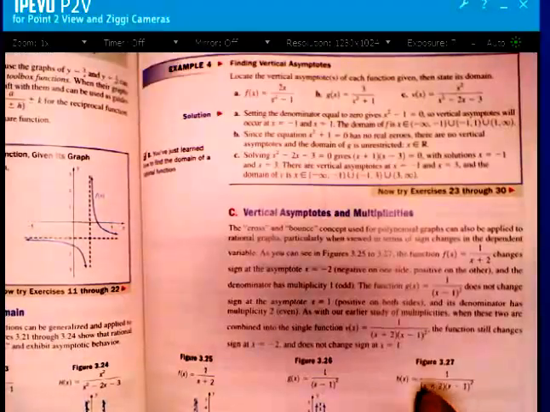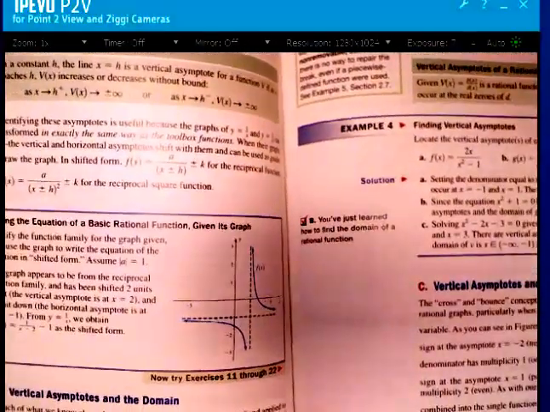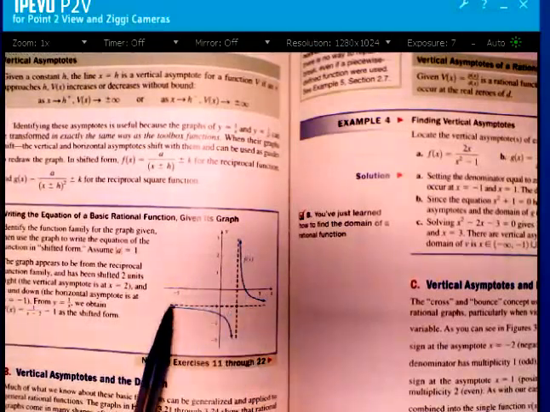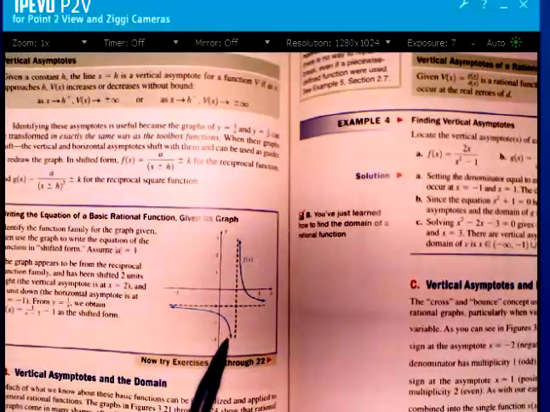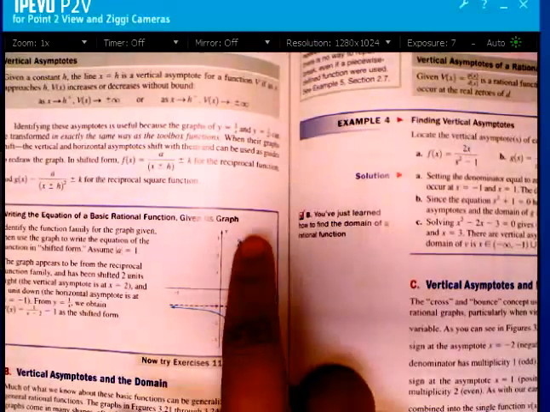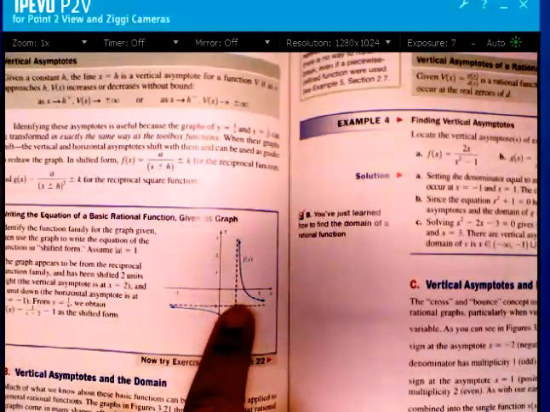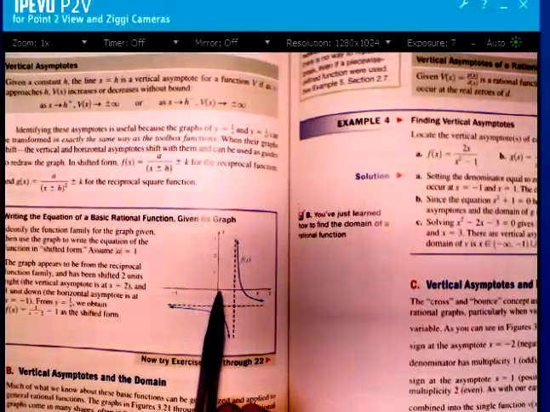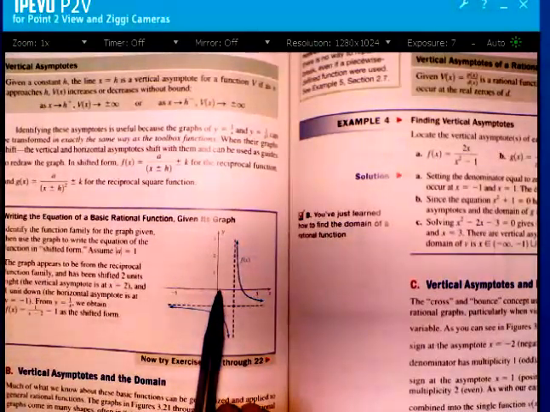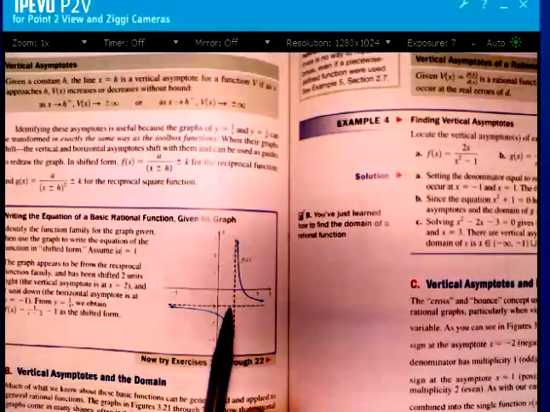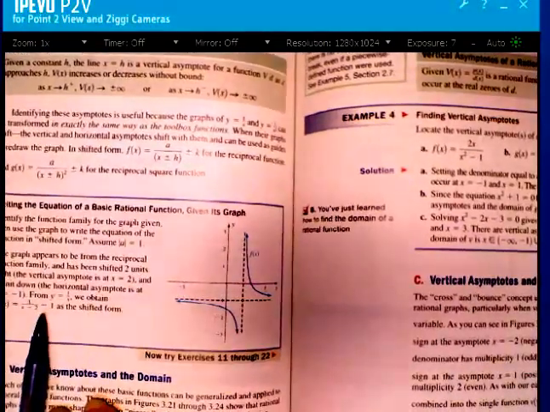I'm going to show you one more transformation. This function right here has the same form as 1 over x, and then it's shifted, and you can see these dashed lines help us show how it shifted from that origin. So this graph shifted 2 units to the right and then down 1 unit. And you can see that from our function.